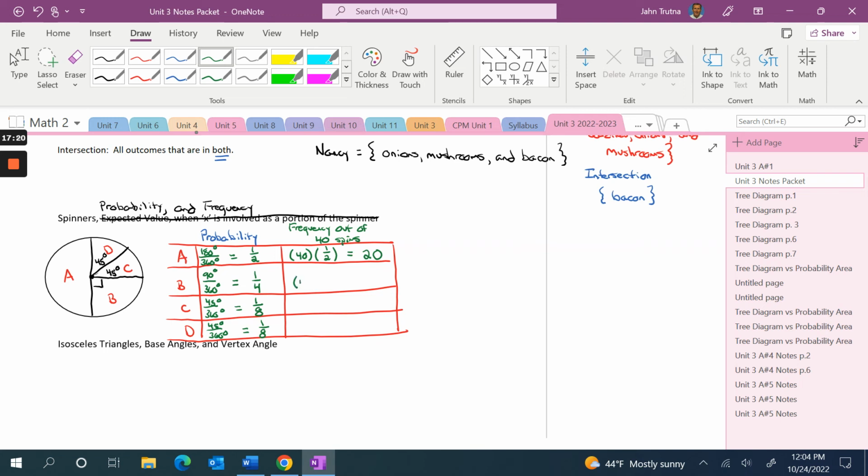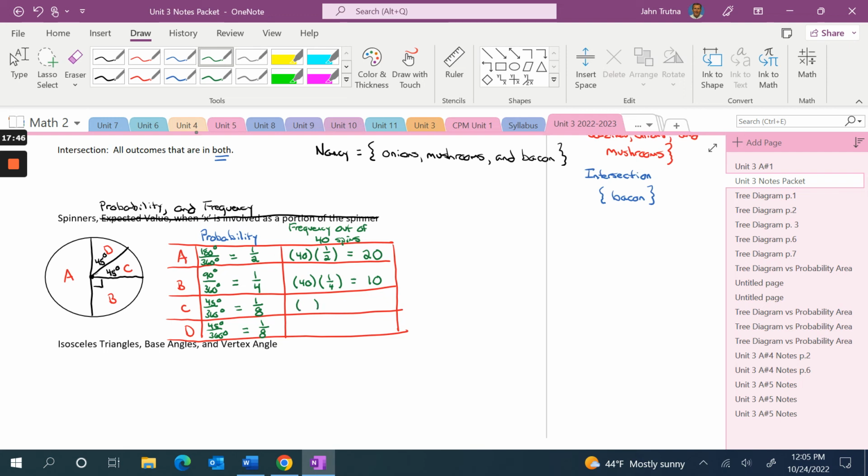And I repeat this process, taking the number of spins, 40, multiplying it by the probability of it landing in that section. For B, it would be 40 times 1/4, and that would be 10. So I would expect the spinner to land 10 times somewhere in section B out of the 40 spins.